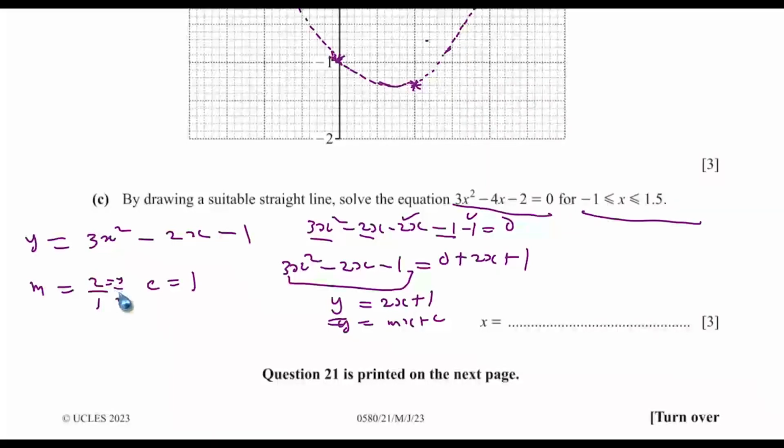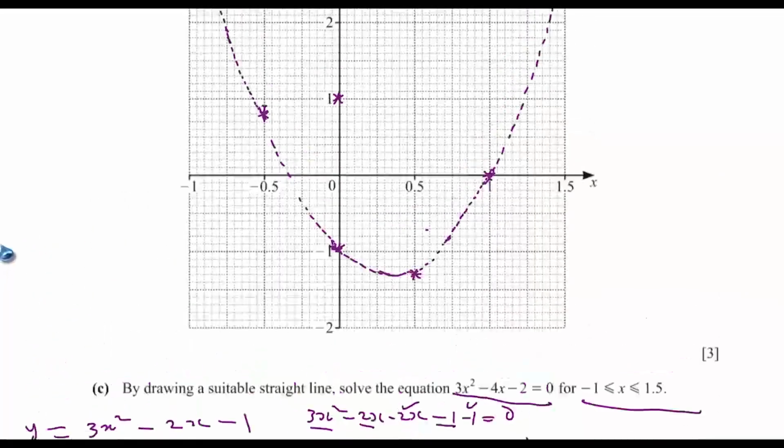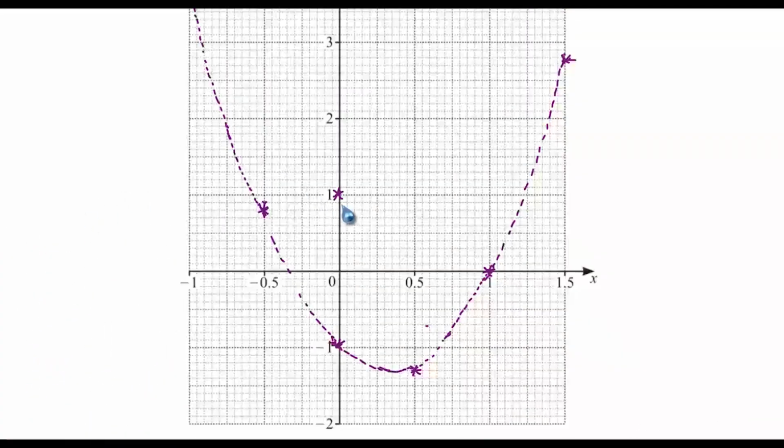So we go up 2 and move forward once, starting from the intercept on the y-axis, which is 1. This is x equals 0, y equals 1. So we go up 2, we'll be here, and we move forward once, that will be here.